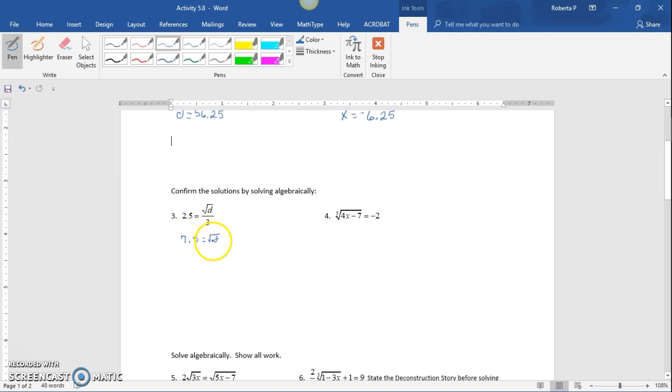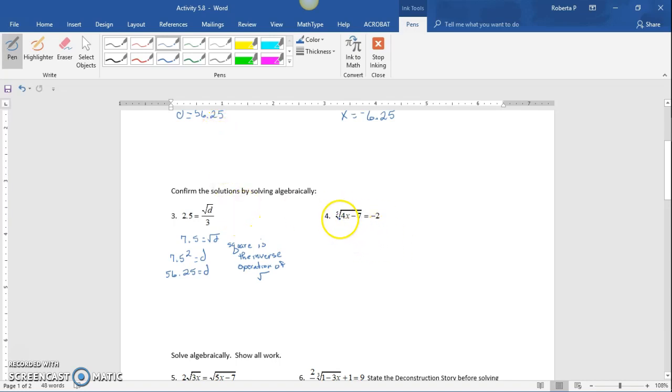To undo the square root, that means we're going to square, because squaring is the inverse operation of square root. So we square both sides, and 7.5 squared is what d is going to be, and when we multiply that out, we get 56.25 equals d, which is the same answer we got graphically.